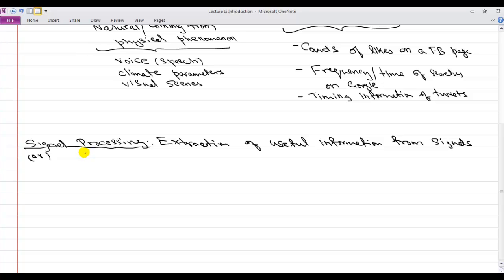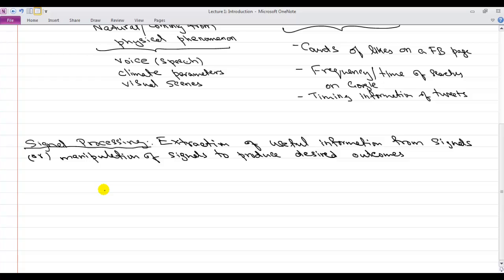You want to do some sort of manipulation of the signal to achieve some desired effects. So manipulation of signals to produce desired outcomes. Okay.